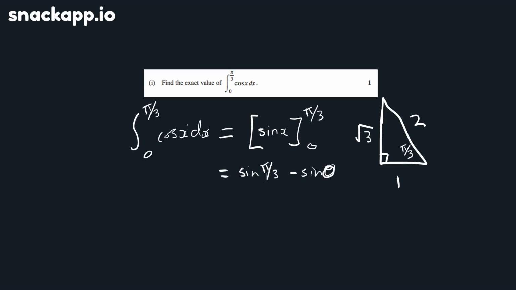So sine pi on 3 is just going to be root 3 on 2. So opposite over hypotenuse for sine. So we get root 3 on 2, minus 0. So for the first part, that's going to be our answer. Root 3 on 2 is the exact value of the integral of cos x between pi on 3 and 0.